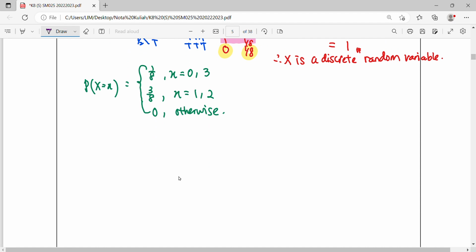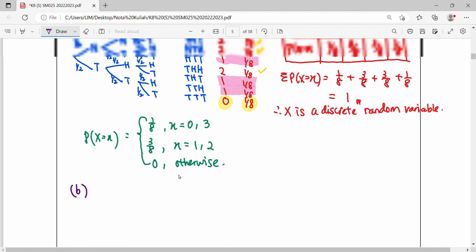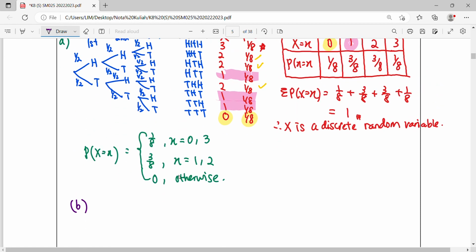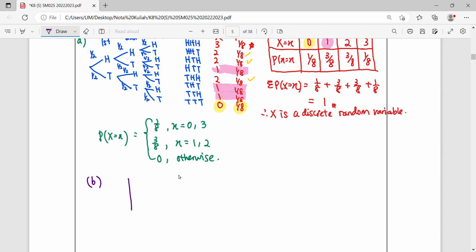So for question B, you want to draw this. Our x-axis will be our random variable X. Y-axis will be our probability. So our random variable starts with 0, 1, 2, and 3.